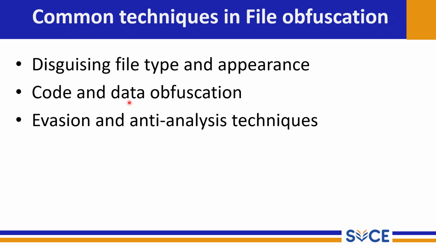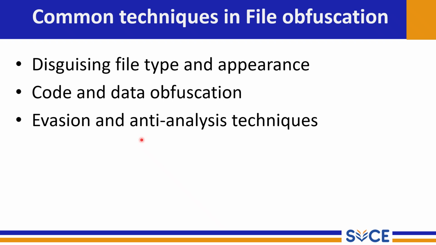Okay, and the last technique used in file obfuscation is evasion and anti-analysis techniques. They are often layered on top of other obfuscation methods, like binary or string obfuscation, to actively prevent detection and analysis.